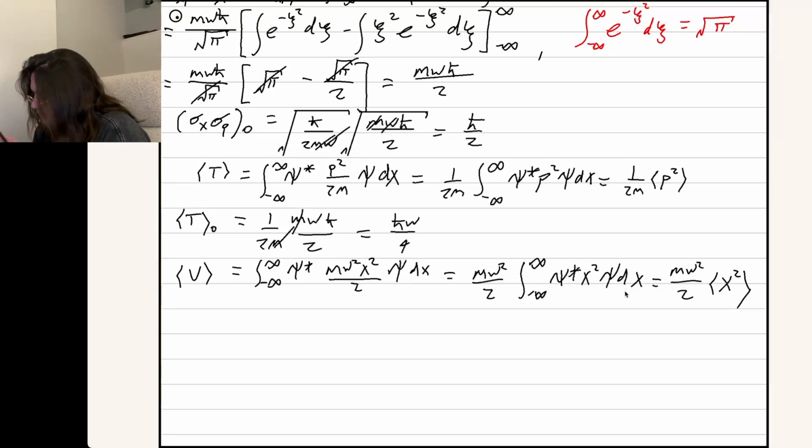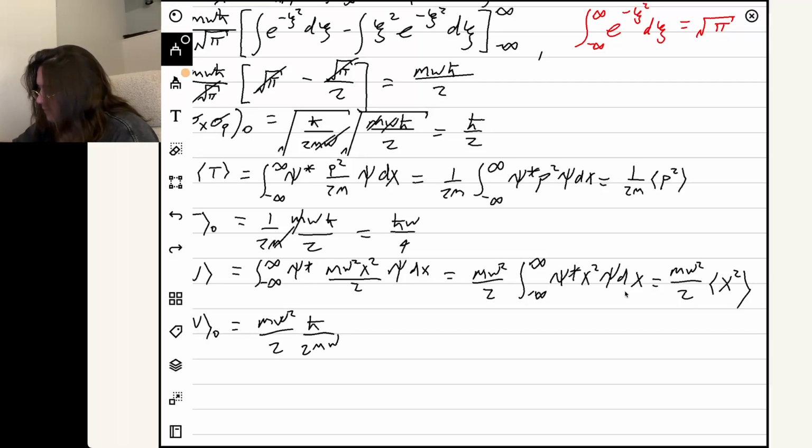This is for general states, actually. Specifically for the ground state, we got that the expectation value of x squared was just h bar over 2m omega. And then 2 doesn't cancel out, actually.